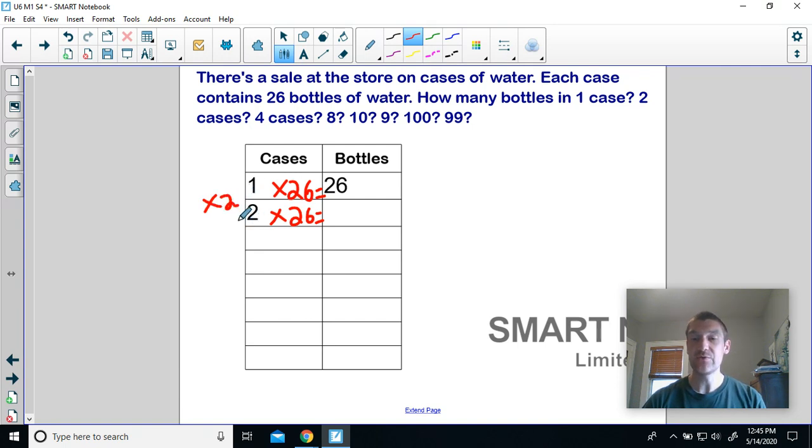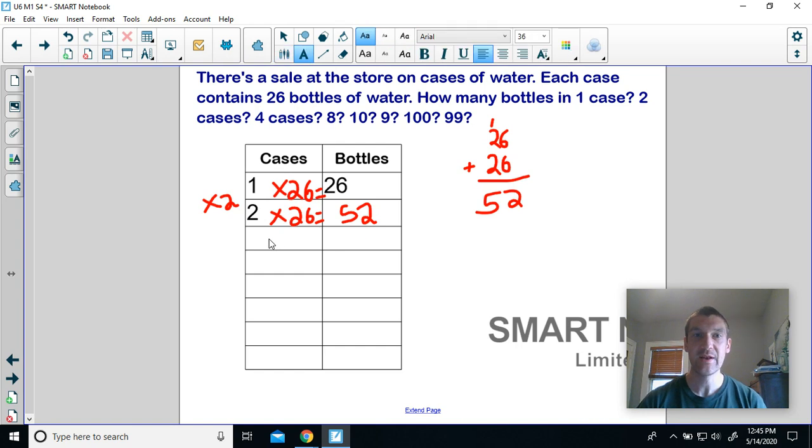From 1 case to 2 cases, we're going to have twice as many bottles. So I could just add 26 twice. So I could add 26 and 26. I get 12 ones, 6 and 6. So I'm going to put a 2 in the ones place and then a 10 up here for my 12. Now I have 2, 4, 5 tens there. So 52 bottles.